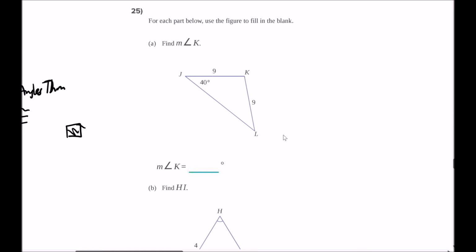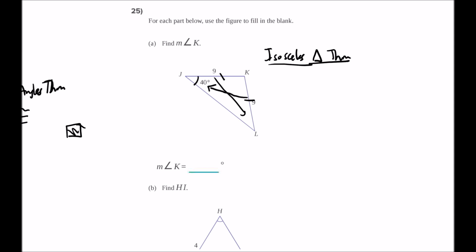All right, number 25. For each part below, use the figure to fill in the blank. Okay, so it says find the measure of angle K. All right, so notice that this is an isosceles triangle, because the two sides are the same. And so by the isosceles triangle theorem, this states that if the two sides are the same, that means that the two opposite angles must be the same.